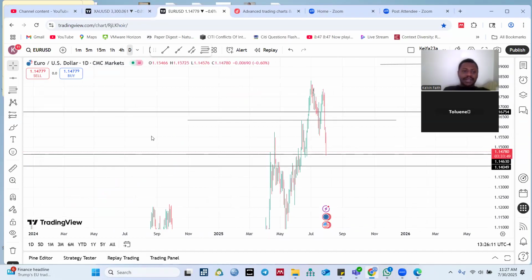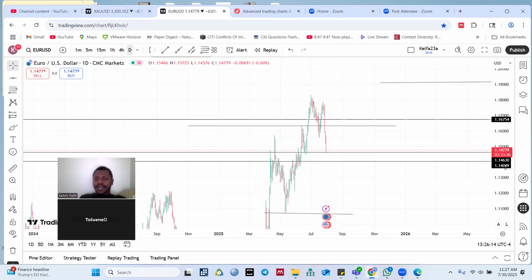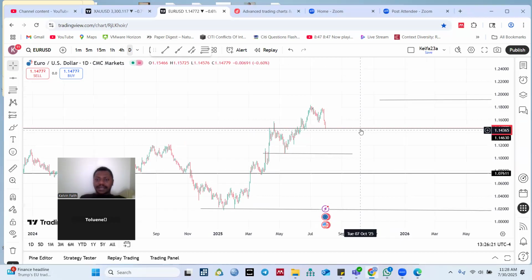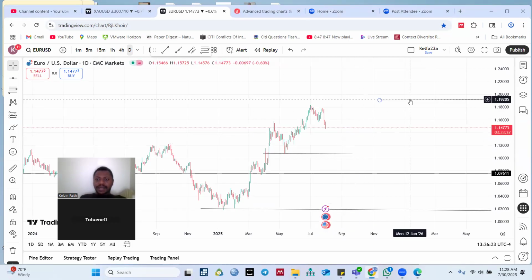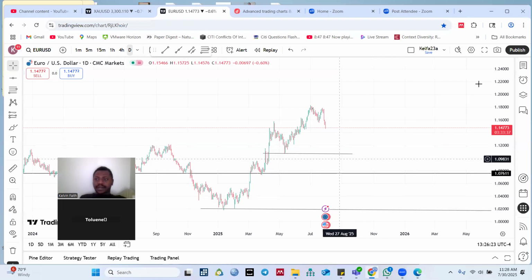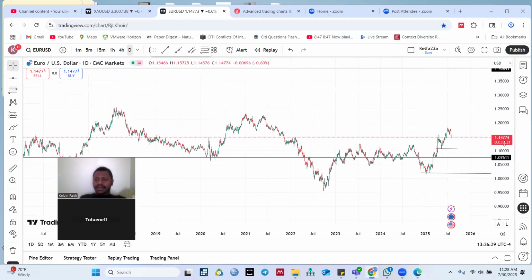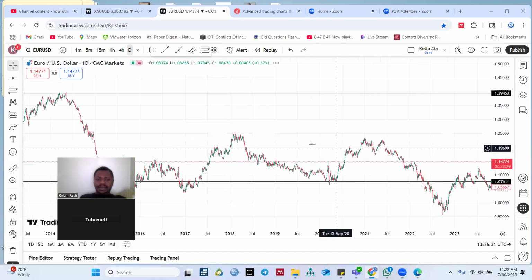I love the daily time frame to check what is happening on Euro USD. And from there, then we can look at what to do.